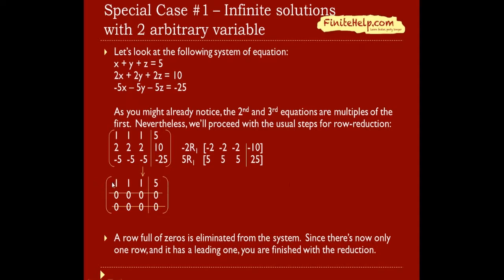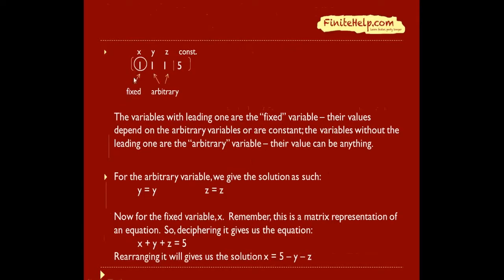Now you are actually fully row reduced because row 1 has a leading one, and this is the only row that there is. So you're row reduced. If we just look at this equation, it says x plus y plus z equals 5.